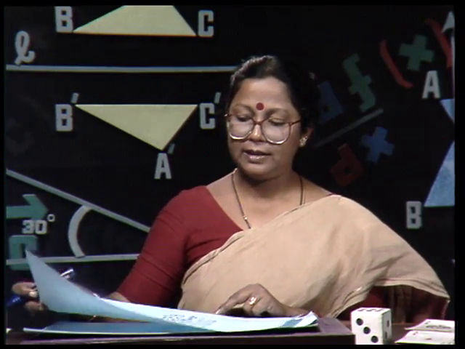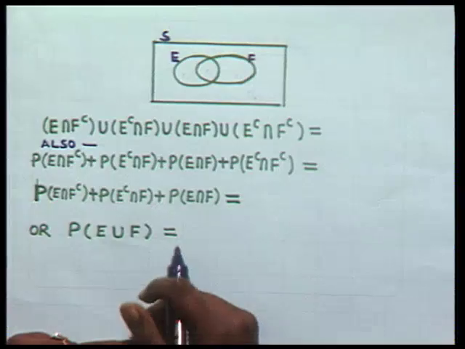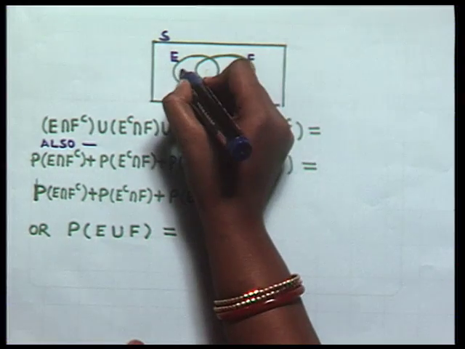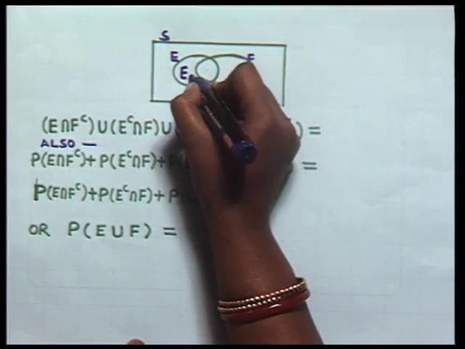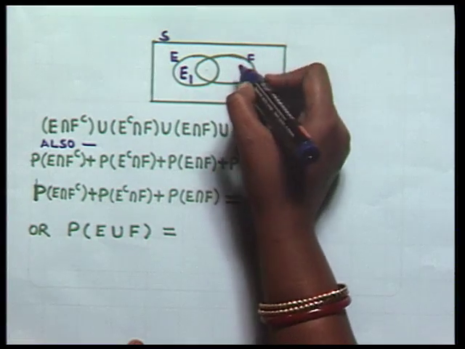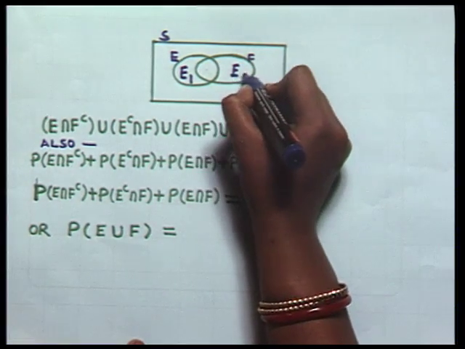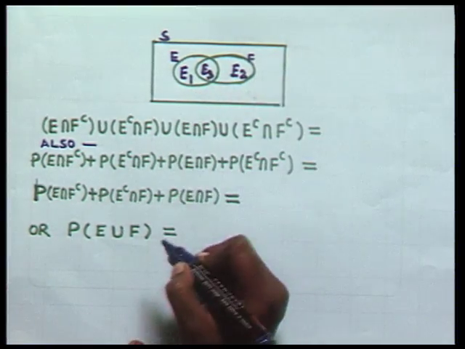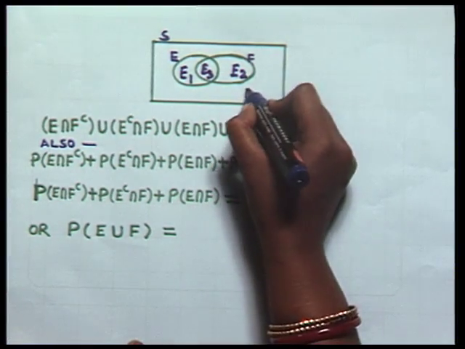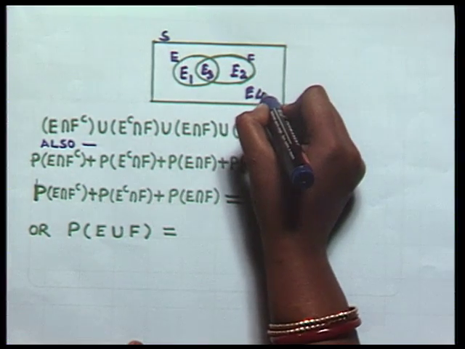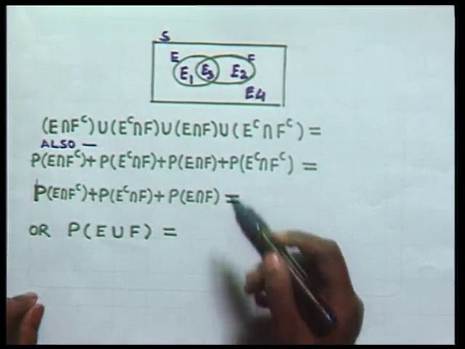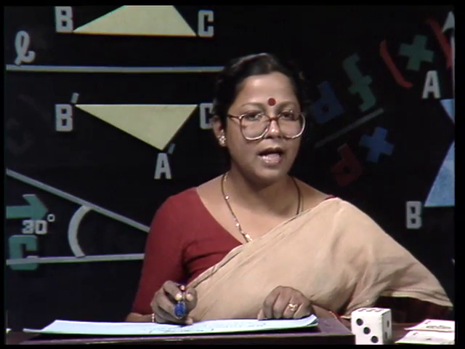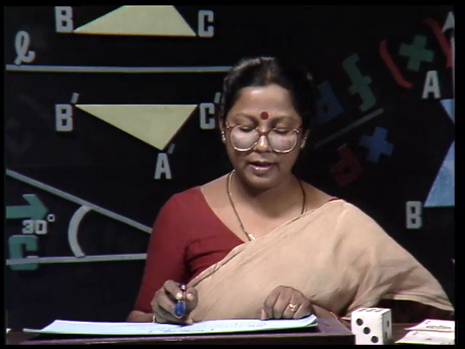Also observe that the events E1, E2, E3 and E4 are mutually exclusive. If this set is E1, that is only husband, this is E2, that means only wife, this is E3, that means both husband and wife, and this is E4, that means none of them are selected. So we find that E1, E2, E3 and E4 are mutually exclusive and exhaustive events.